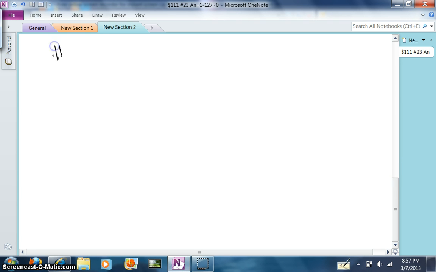Number 27 is a_n equals e to the 1 over n. A lot of times they'll just put a regular sequence in an exponent of e or in a logarithm or something like that. So what you want to do when you're looking at this is to just focus on the 1 over n.